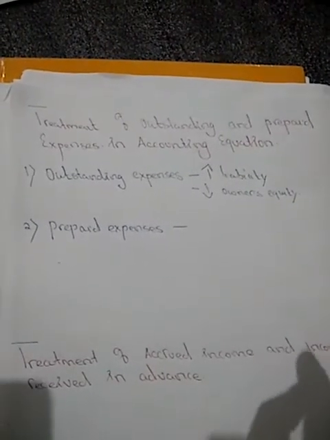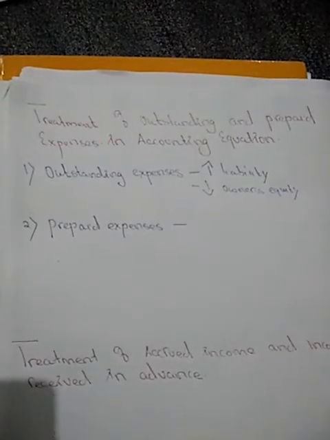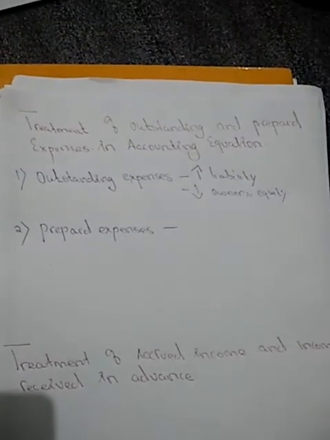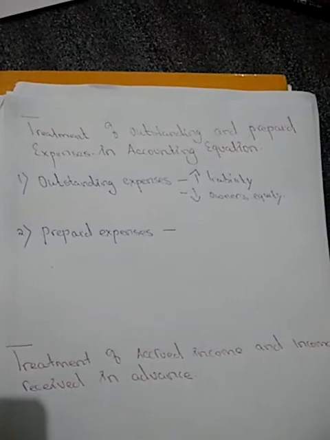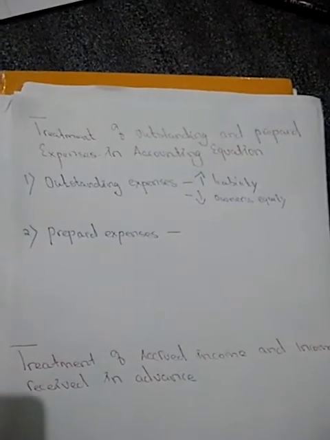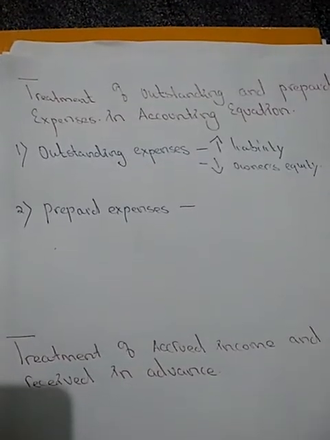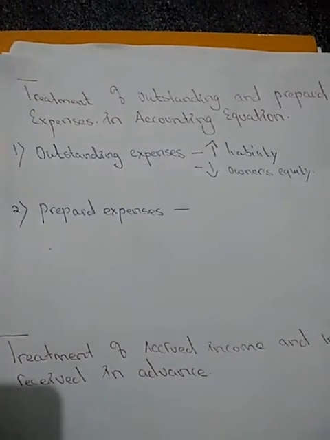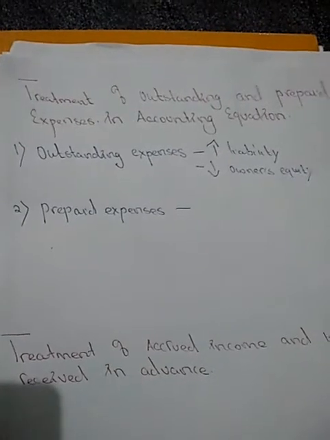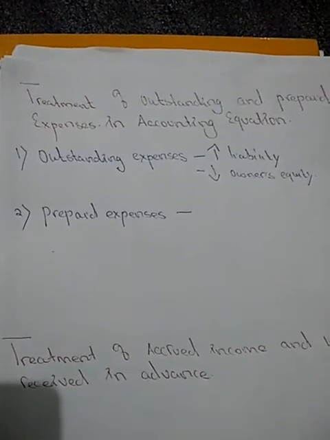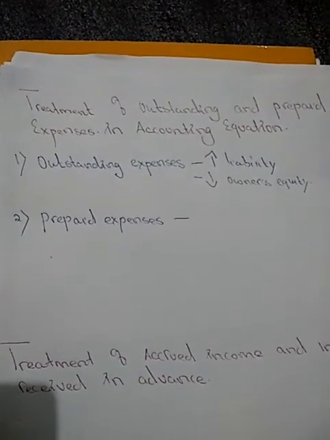So it means you have paid rent for 3 months. So you already paid rent in advance. That is your prepaid expenses. So whenever you see the sentence like rent paid in advance, salary paid in advance, wages paid in advance, these are your prepaid expenses. Prepaid expenses is asset.